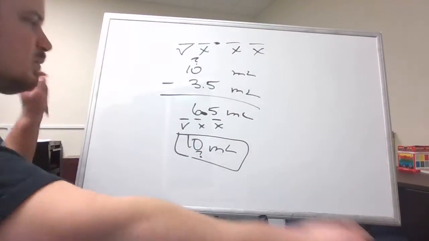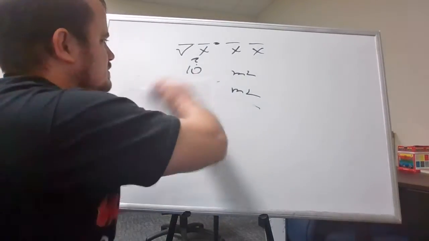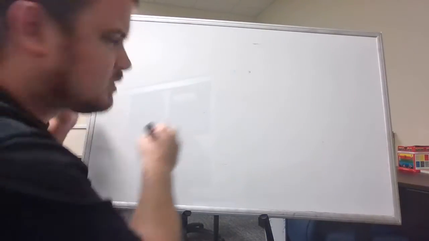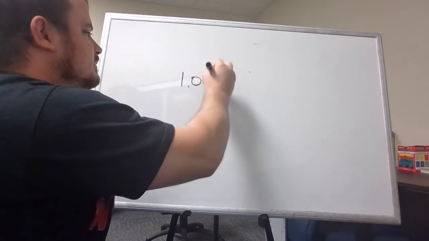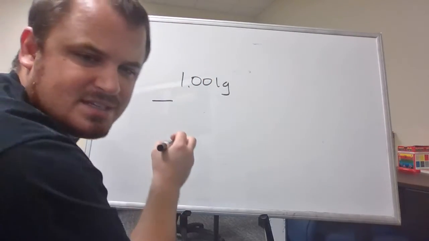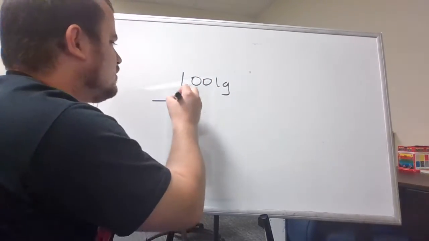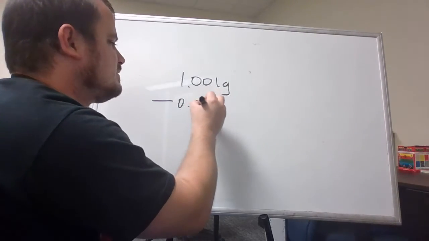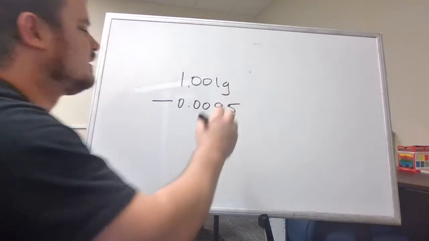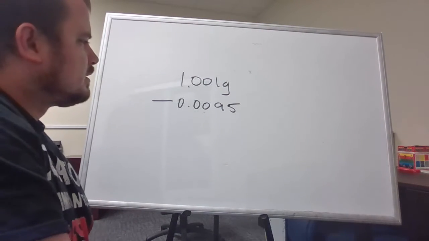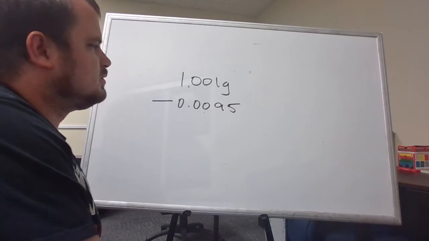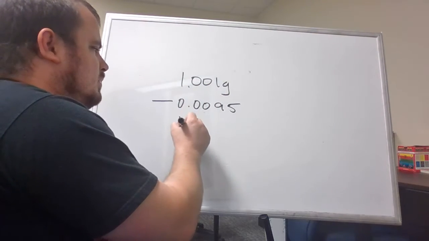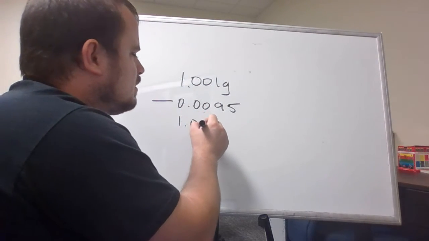Okay, last but not least, we're going to do 1.001 minus 0.0095. Okay, so that should come out to, we just subtract that, we have 1.0.